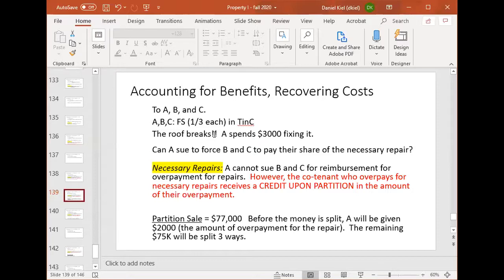Okay, so that's that. When there is a necessary repair, when A takes on the full cost of that, they essentially have a receipt that says, when partition happens with this property, I'm going to get it. It's like I have an IOU from B for 1,000 because they should have paid 1/3 of this repair, and I have an IOU from C for 1,000 because they should have paid a third of this repair.